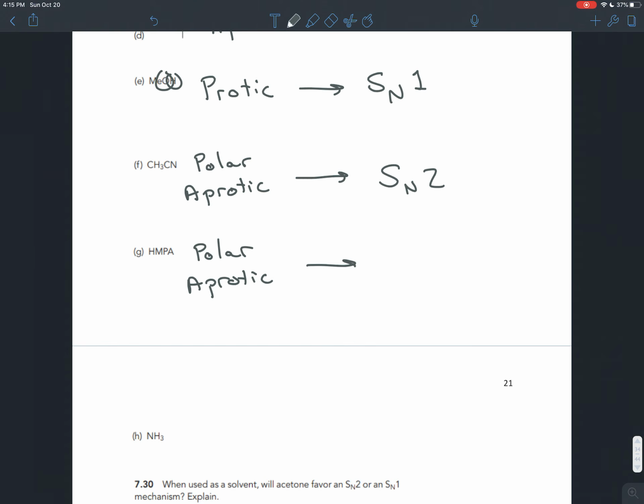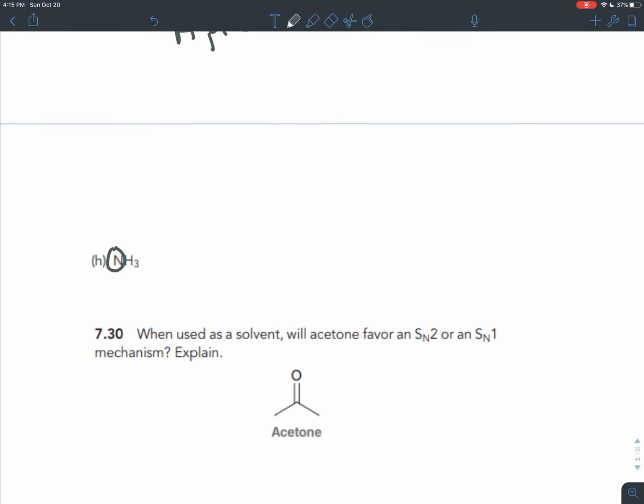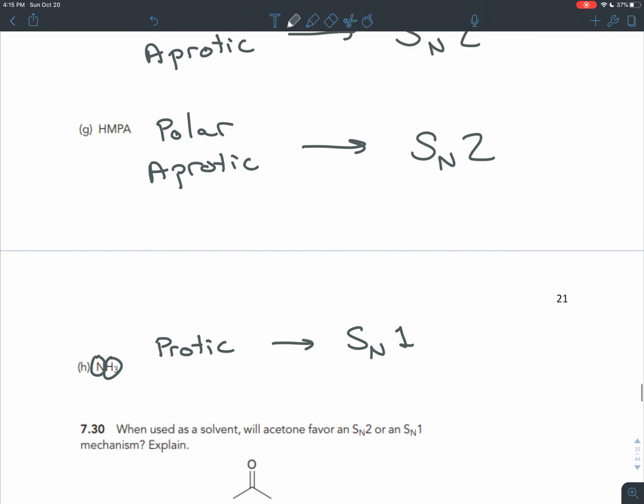It buries the positive charge in the middle of the molecule, leaves the nucleophile alone, and so favors an SN2 reaction. And finally, in this last one with ammonia, we have an electronegative atom bonded to hydrogen. So that is protic, and a protic solvent favors an SN1 reaction because it disarms the nucleophile.